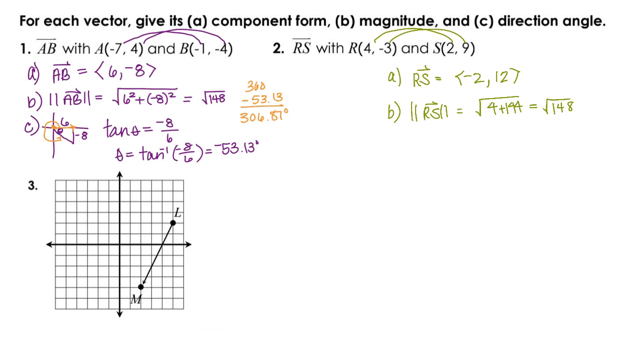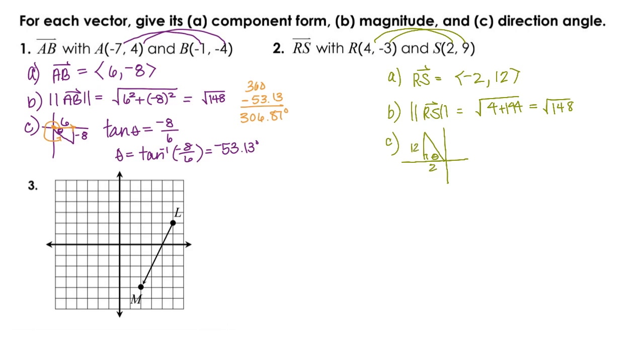And then we're going to find our direction angle. And again, I would use our component form to plot this. We're going to go back 2 and up 12. So we have our triangle, and inside there's our theta.